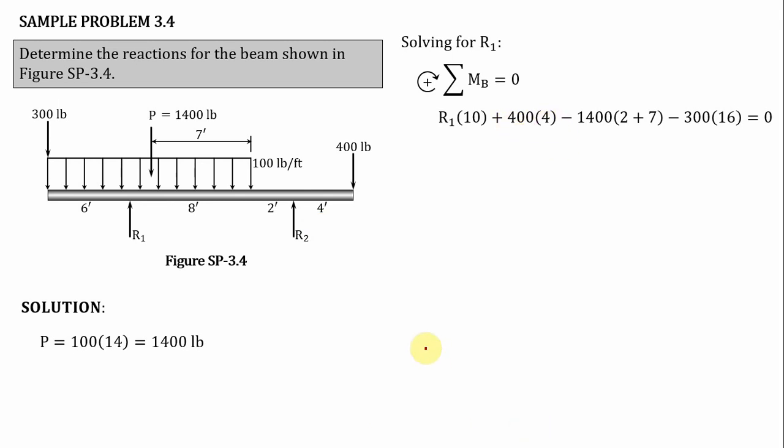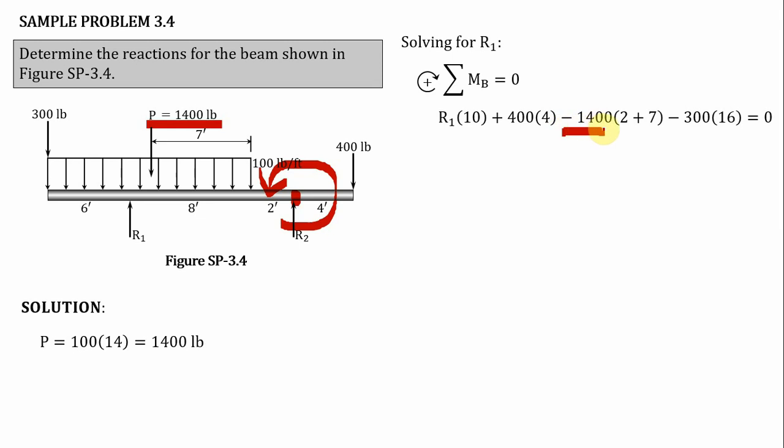Now this is our 1,400 pounds, which we already converted into a concentrated load. Taking the moment at point B, it will produce a counterclockwise moment, and we assume that counterclockwise moment is negative, meaning minus.